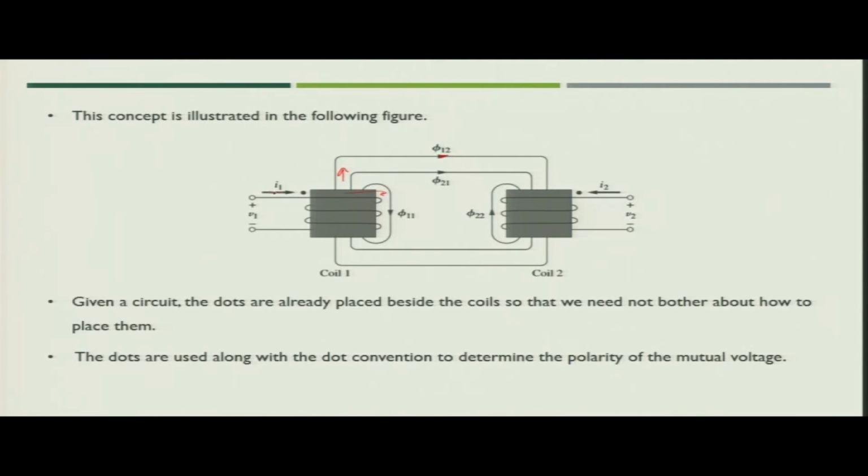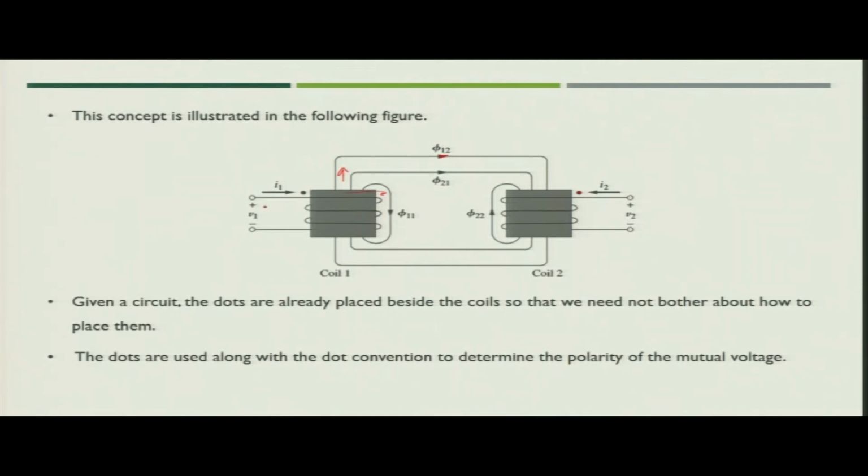This thumb direction will show you in what direction your flux is rotating. Here the current I1 is going inside, so you are getting flux phi 12 linking in the clockwise direction to coil 2. Similarly, in coil 2, current is entering the dot, and the positive polarity of the voltage is where the dot is connected.